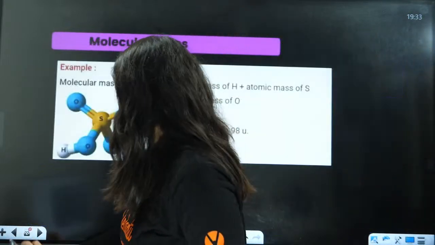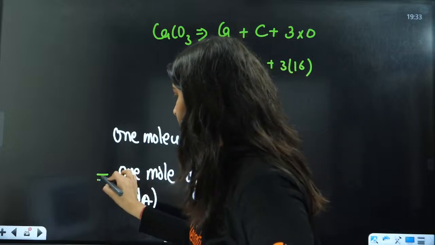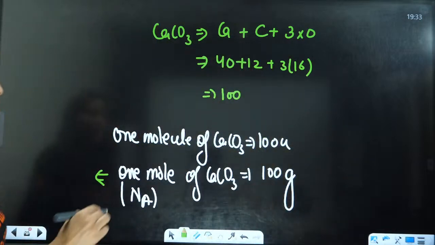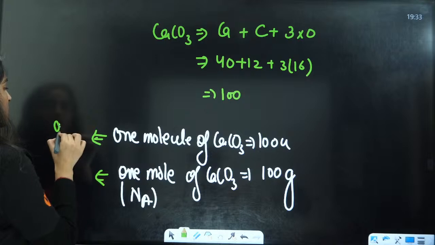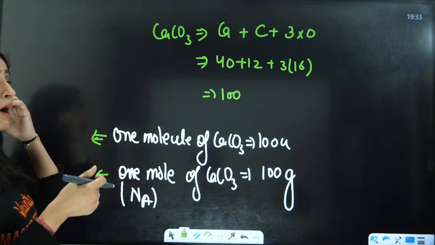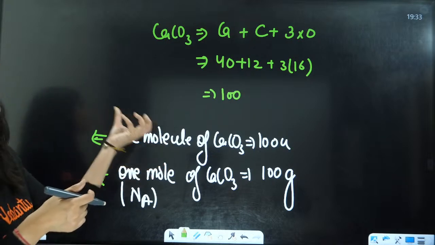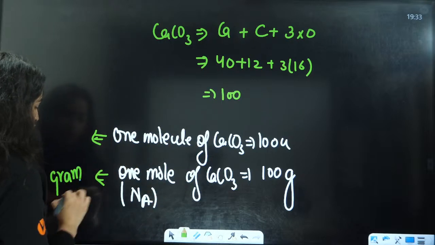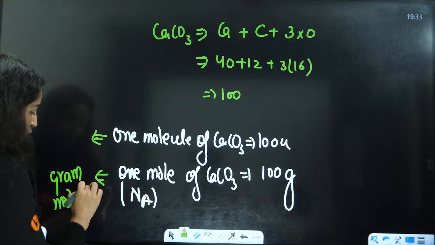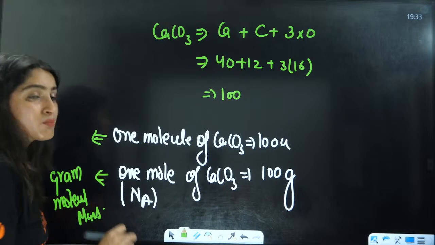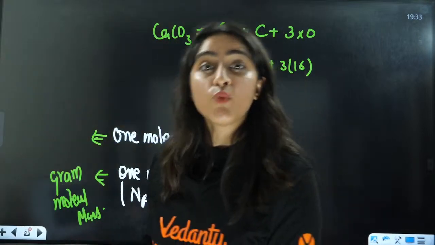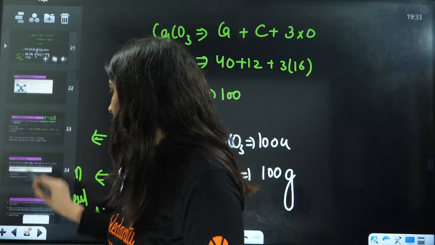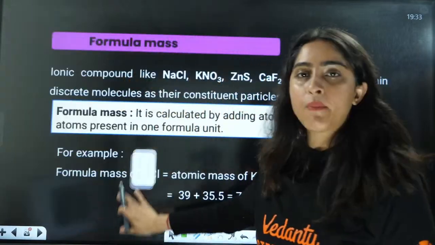Now, same way, this was the gram molecular mass, and this was the molecular mass unit, or you can say atomic mass unit. This is the gram molecular mass, or you can say this is the molar mass. Same thing, right?